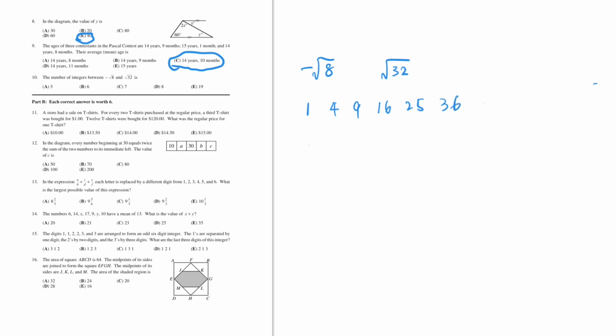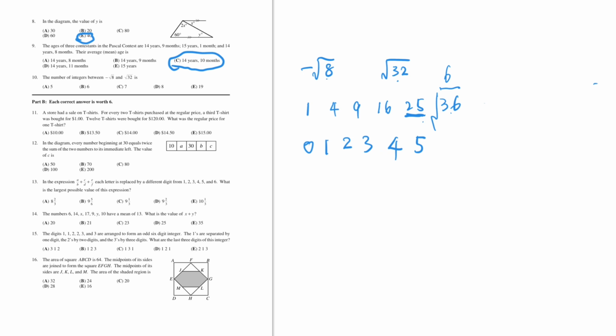The square root of 36 is 6. Because it's between, it's less than or equal to 5, the square root of 25 is 5. So that's 5, 4, 3, 2, 1. After 1, because they ask for integers, integers are the positive whole numbers, negative whole numbers, and 0. So we still have the 0.